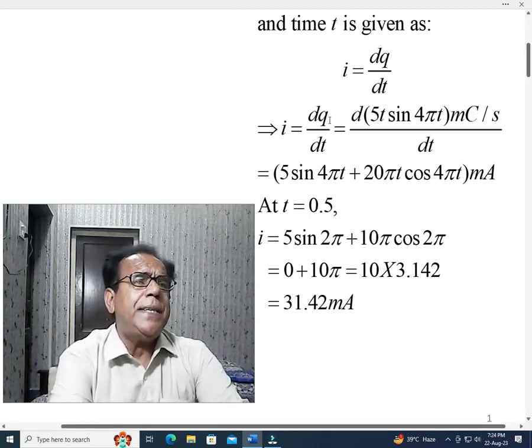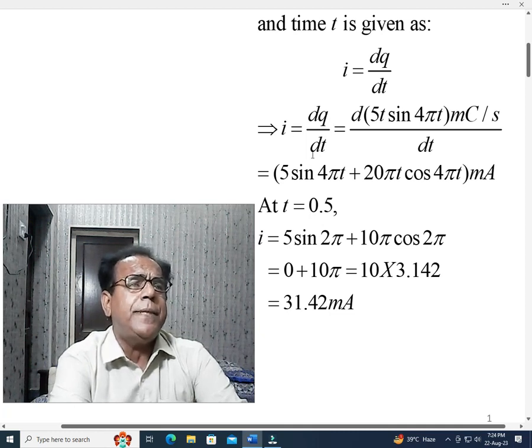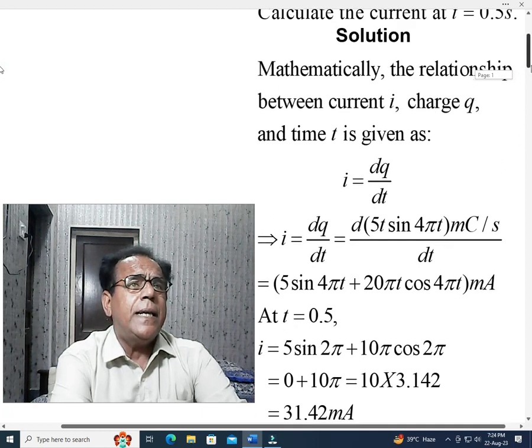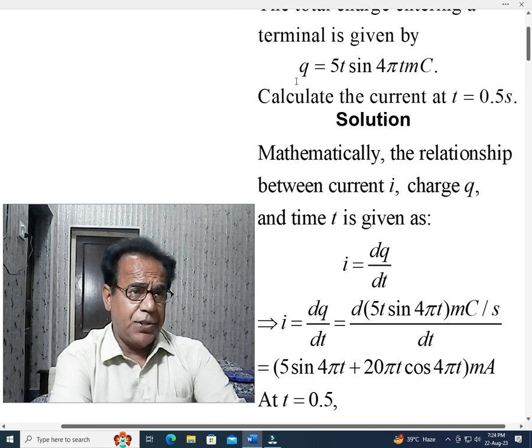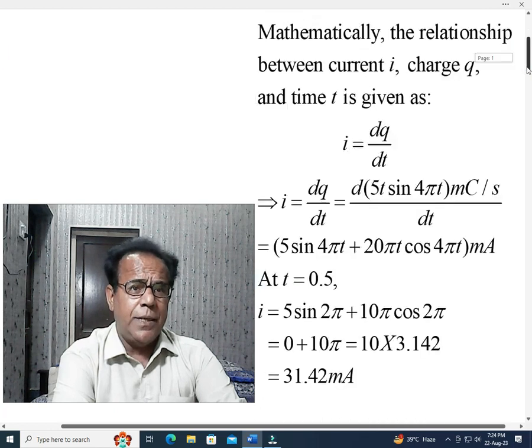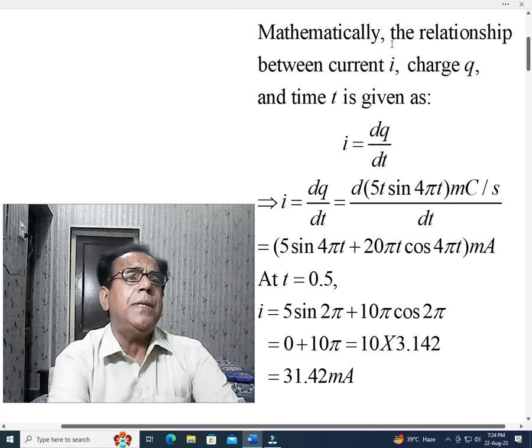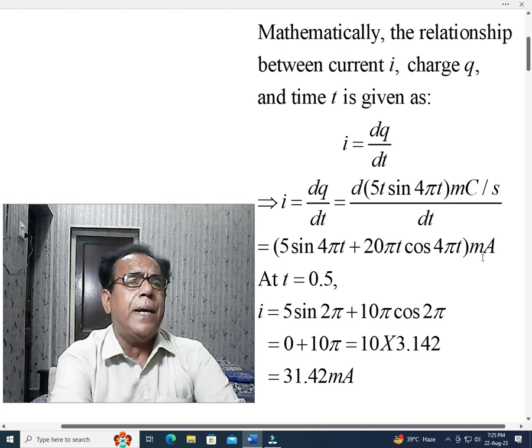We will differentiate q with respect to time, and i will be represented in ampere, because the unit of current is ampere, while charge was given in coulomb. So in place of millicoulomb it will appear as milliampere, because now it has been converted into current i and the unit of i is ampere.